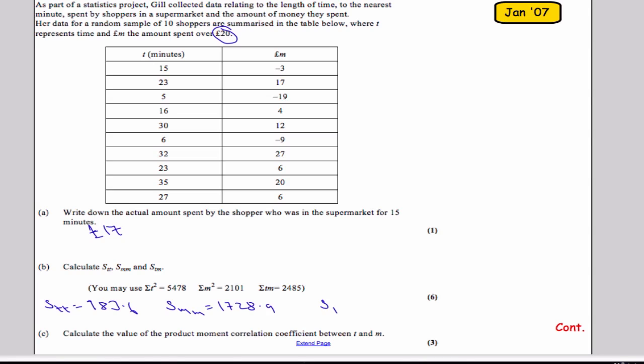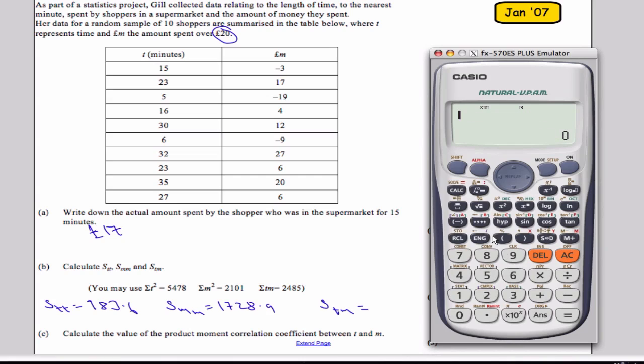And finally, STM will equal the sum of TM, 2485, minus, let's bring up some brackets, the sum of T, which is the same as the sum of X, times the sum of M, which is the same as the sum of Y in this case, divided by 10.